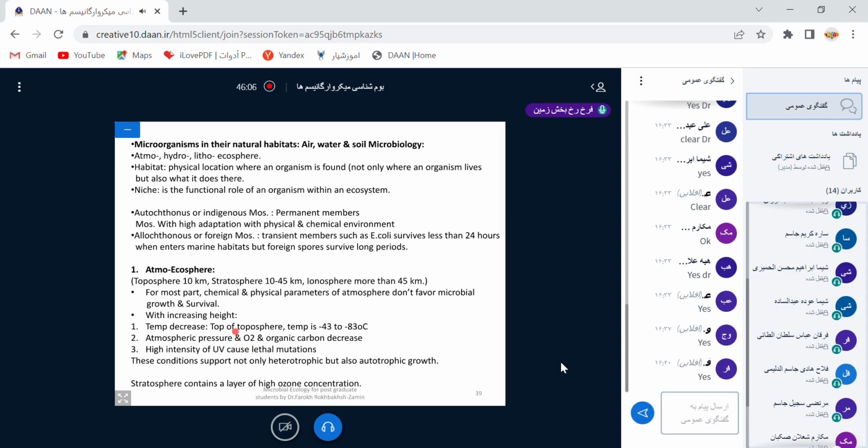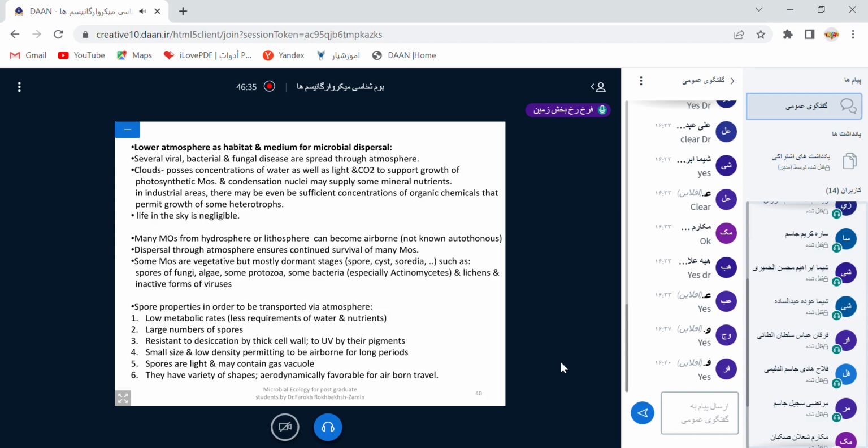In the second position, stratosphere, along with the previous items, is full of ozone concentration. Ozone is another killing agent for microbes. So ionosphere, stratosphere, and the top part of troposphere, microbes can never survive this situation and they cannot live there.